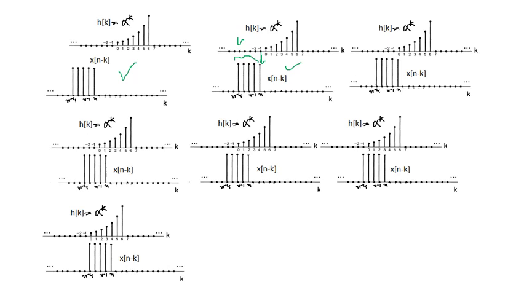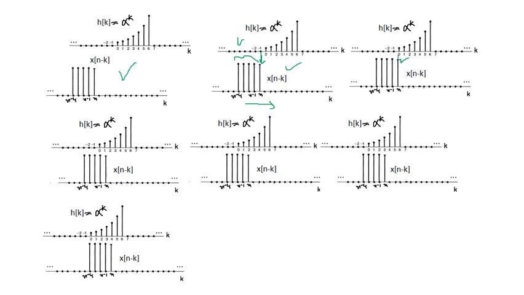Now in the next step, when we shift this signal again one place to this side, now you see that n equals 0, and at n equals 0 we have x of n minus k equal to 1.